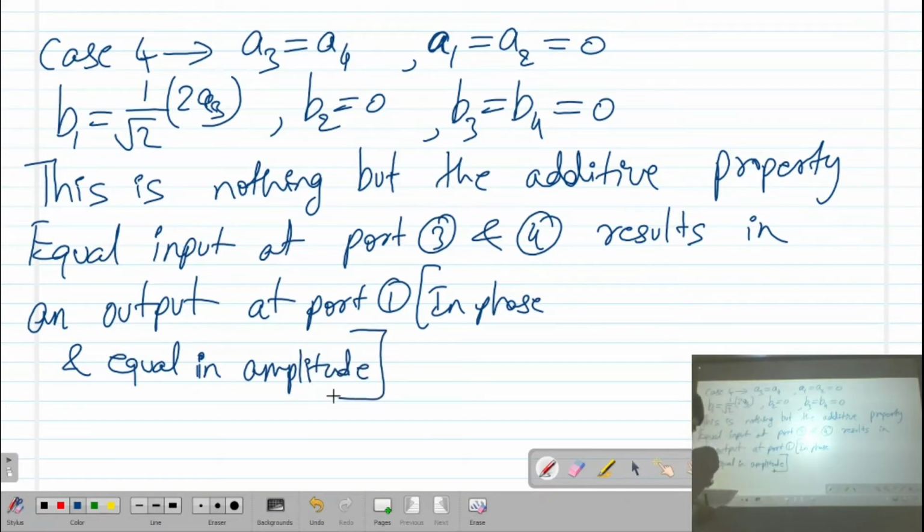So this is all about case 4. When you have input in port 3 and port 4, the output will come at port 1, but nothing is going to come at port 2.